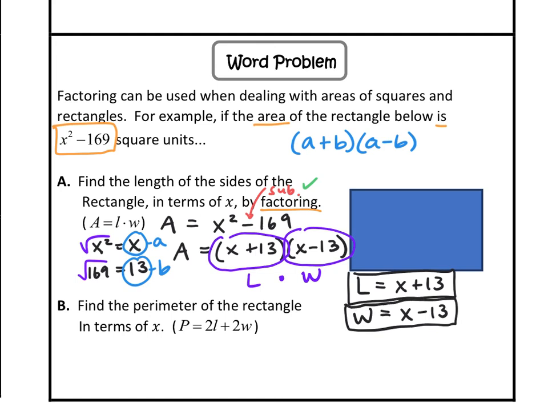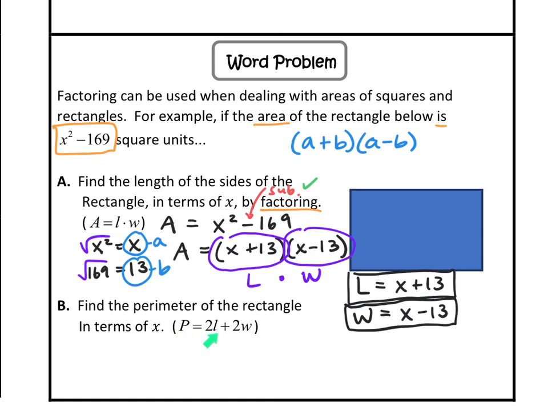Because it says in the instructions, find the length of the sides of the rectangle in terms of x. In terms of x means that x is going to be a part of the answer. Okay, so if I know the length and the width, can we find the perimeter?